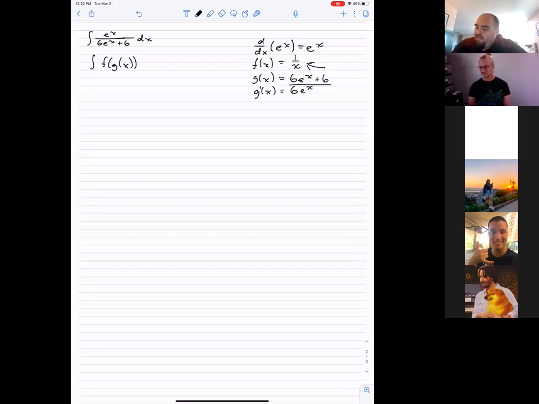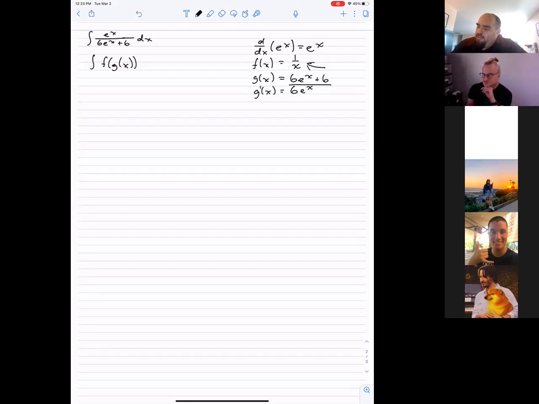So we do have f of g of x. Do we have g prime of x? Almost, because of the numerator. It's not exactly the same, but is it still okay to use for undoing the chain rule? I think so. We just have to modify the finished product of the chain rule.